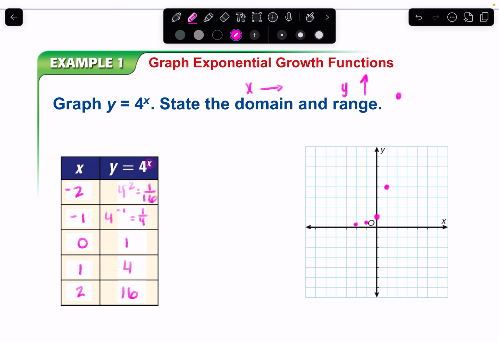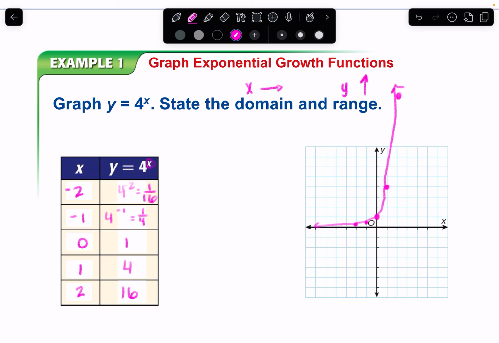Again, this line is never actually going to touch your x-axis. If you were to put in -3, it's just going to keep getting smaller and smaller, but never be 0 and never touch 0.